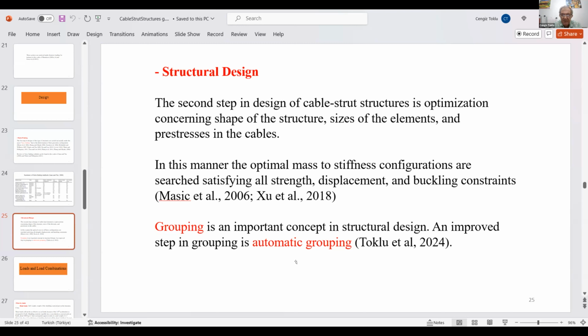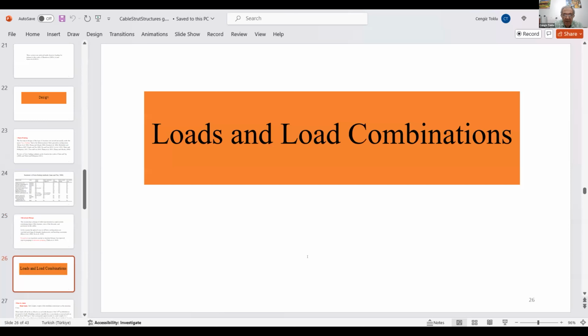So what we do, as a designer, is group them. Let us say 5 of them will have the same dimensions. The next 5, for example at the upper part of the structure, will have other dimensions, etc. Now, this can also be done using an automatic grouping technique.